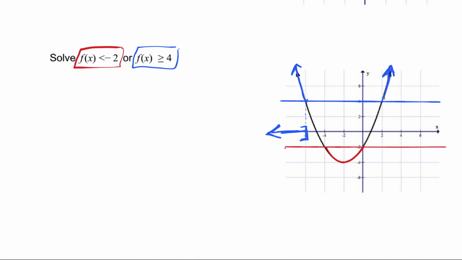Kind of continuing with this blue idea, this part that's f of x greater than 4, I'm looking at this point down on the x-axis, 2 greater than, because it goes to the right, that blue region of that function goes to the right, and that is for f of x greater than or equal to 4.